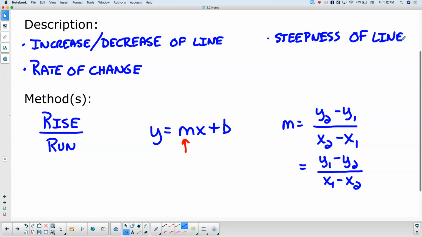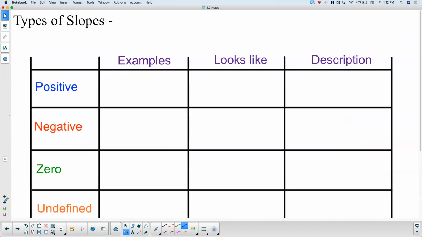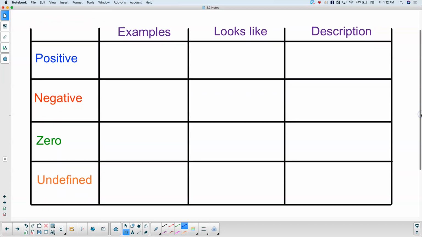All right. So there are 4 different types of slopes. There's positive slopes, there's negative slopes, there's zero slopes, and there's undefined slopes. So let's talk about those 4 kinds right now. So a positive slope would look like that.